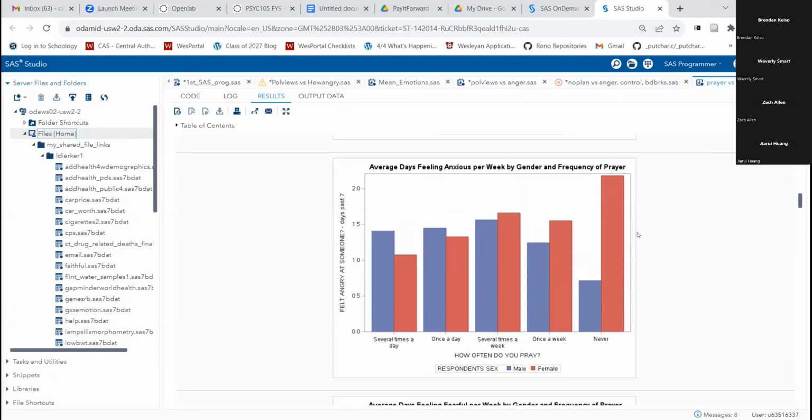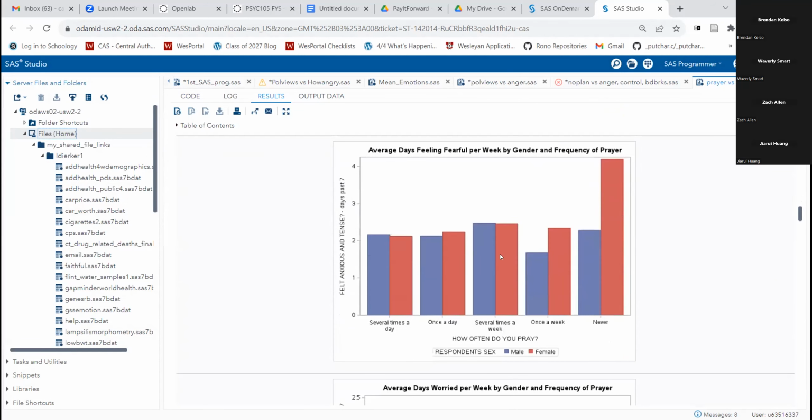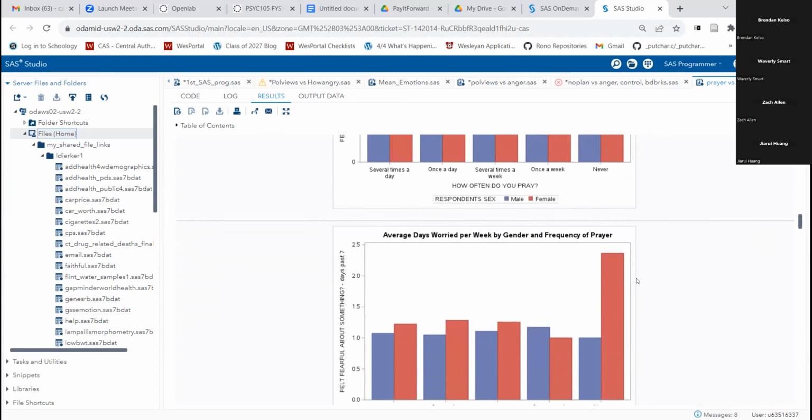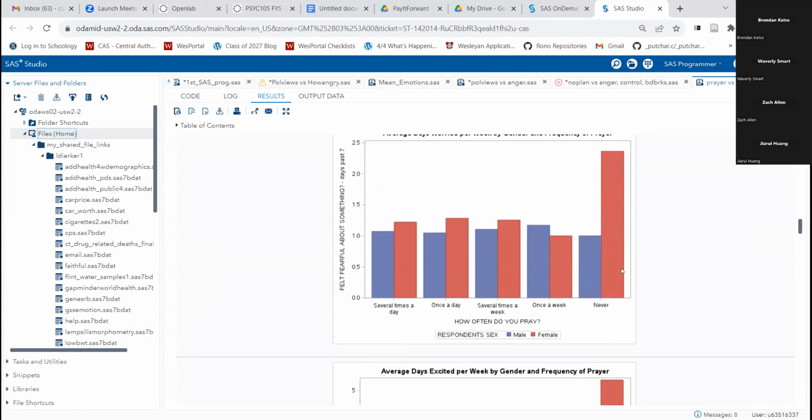It doesn't affect men, and it's true for most negative emotions. Feeling anxious, you can see there. Feeling fearful. It's not how often you pray, it's whether or not you pray. But not for men, which is interesting.